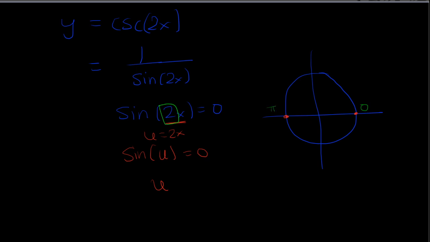Now we have to go another time around the circle. This will be 2 pi, and this will be 3 pi. Okay, so u is going to be 0, pi, 2 pi, and 3 pi. So u we said is 2x, so we're going to set that equal to 2x.